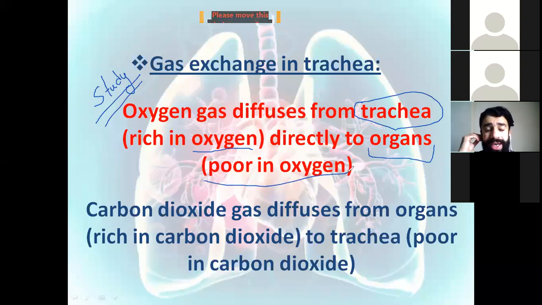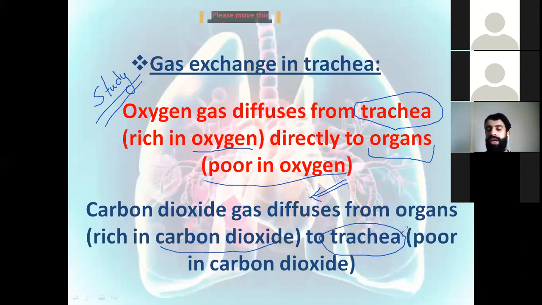Carbon dioxide gas diffuses from the organs that are rich in carbon dioxide to the trachea that is poor in carbon dioxide. So they move in opposite directions.